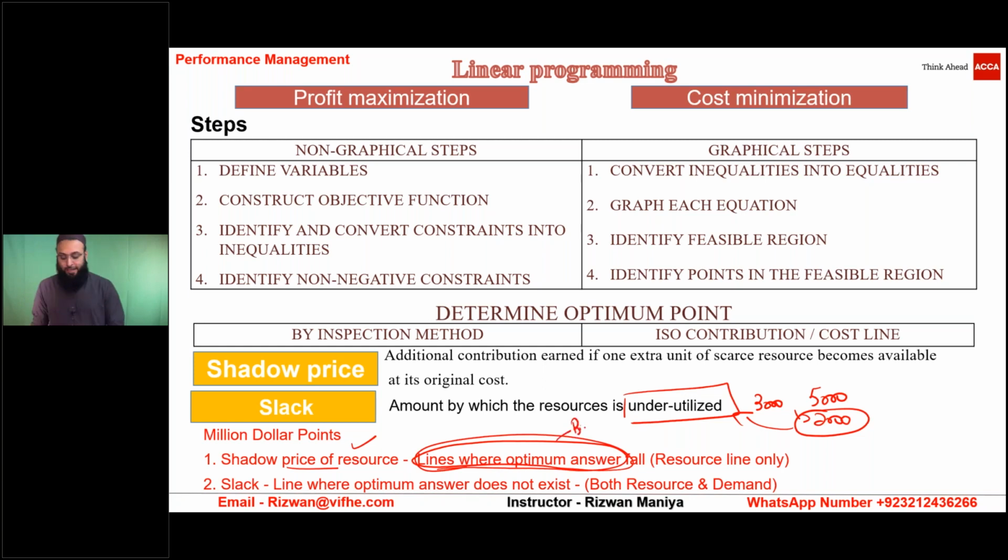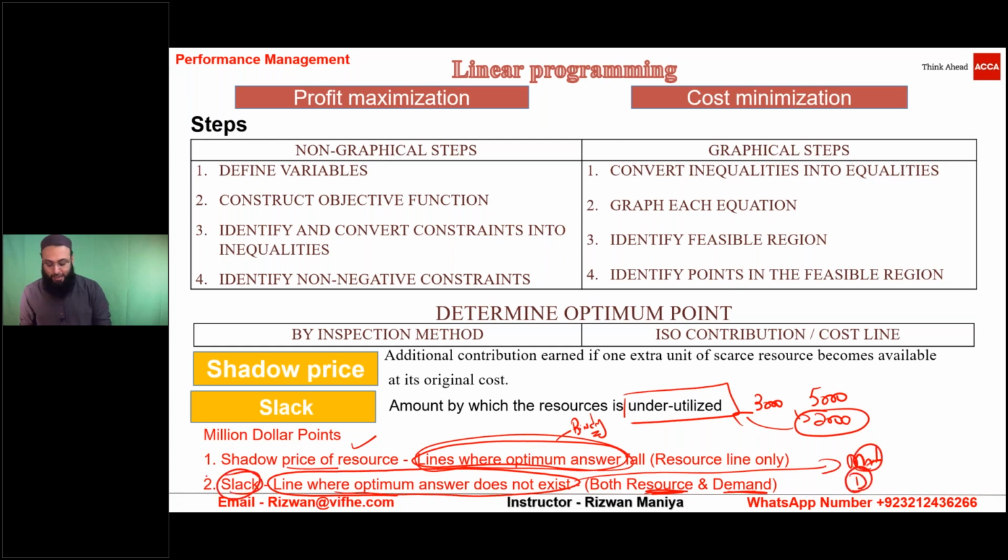So the binding constraint they mentioned was for labor and machine. So you could have worked out shadow price for these two. But for lines where the optimum answer does not exist, and what was that? One was resource and one was demand. One was of material and one is demand D. Here you will see the slack.